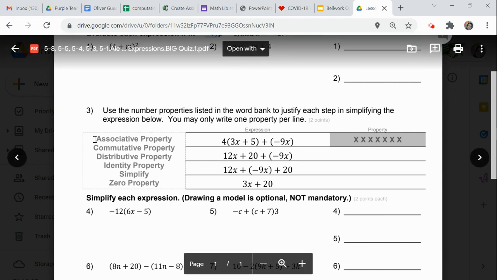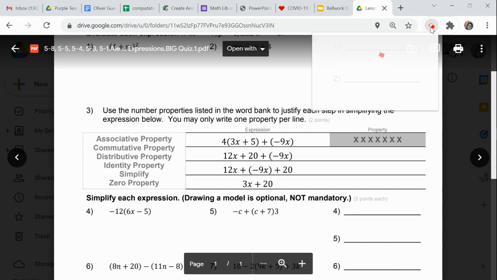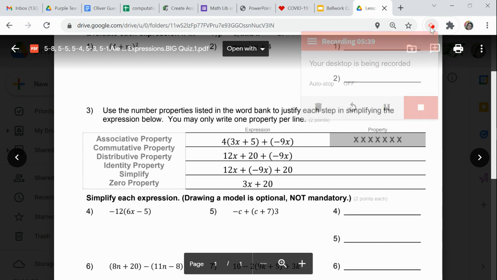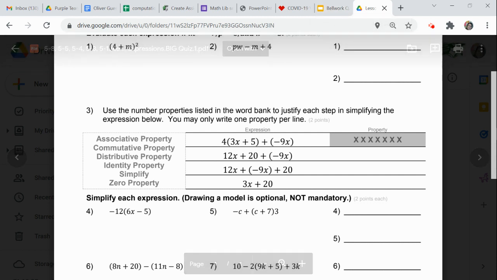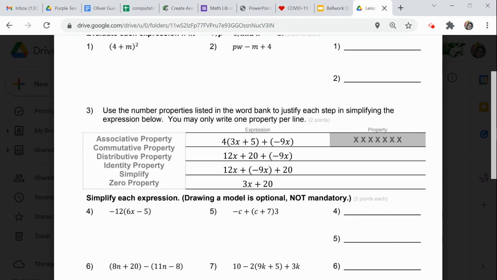For number 3, you have properties. Now remember that certain properties mean certain things. Associative property means you're changing what's inside the parentheses.